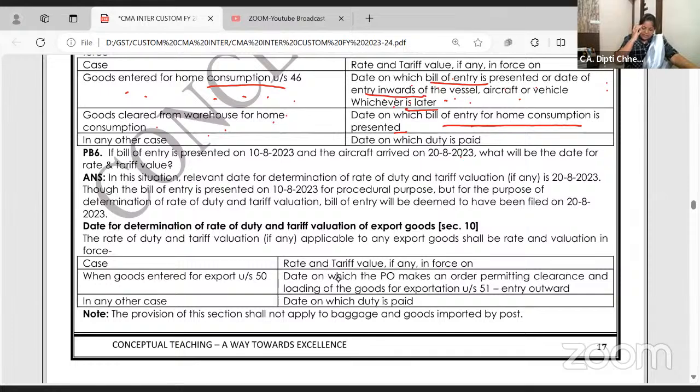For airfare there's a separate rule for FOB. I will teach you that further today. But what I want to say is, please be careful and read carefully whether the goods have come by waterways or airways. Ma'am, what difference does it make? It will affect.